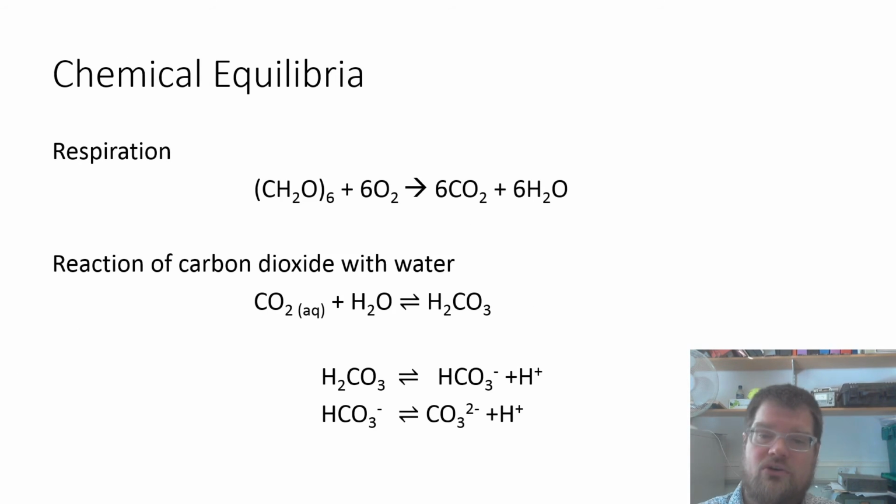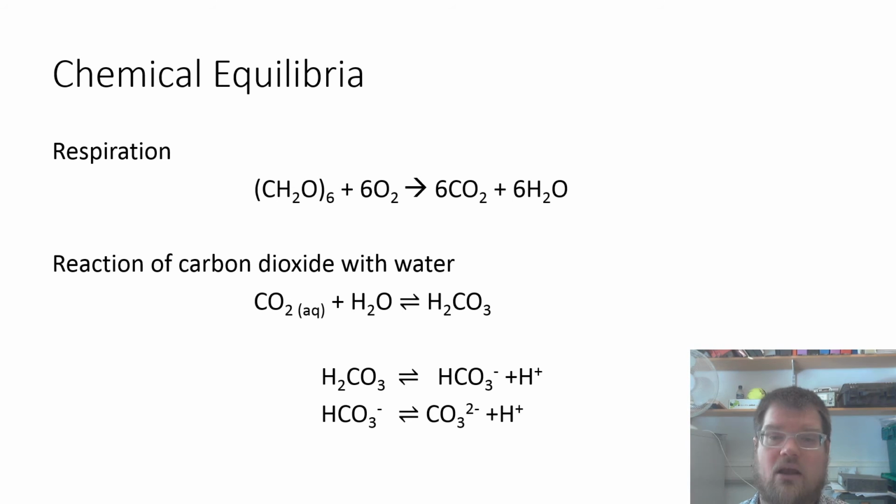So moving on now to chemical equilibria. We're going to be looking at two types of chemical reactions in the lecture. We're going to be looking at unidirectional reactions, which basically take reactants. They react together to form some products, and those products then stay as products. They don't then back react to form the reactants again. An example here is respiration.